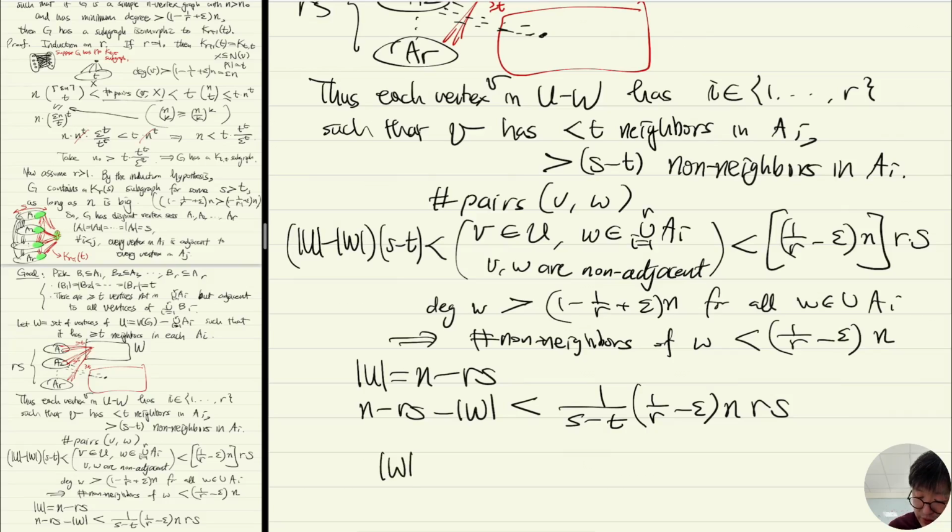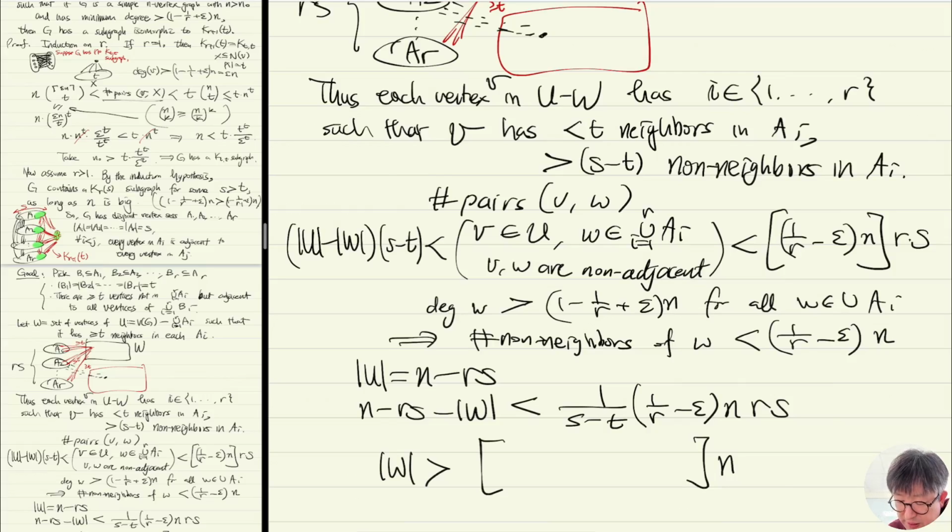So |W| is greater than or equal to n minus RS minus ... okay, so let's work with this way.